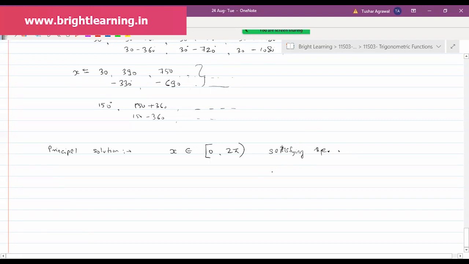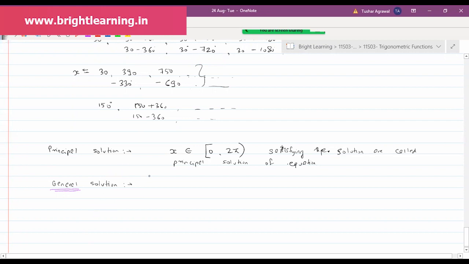The smallest values satisfying the solution are called the principal solution of the equation. Now what is the general solution? As you know from the meaning only, general means all these values, each and everything, combined together.